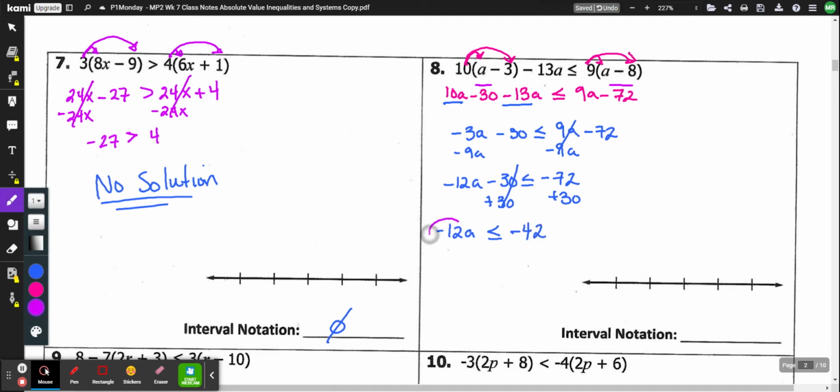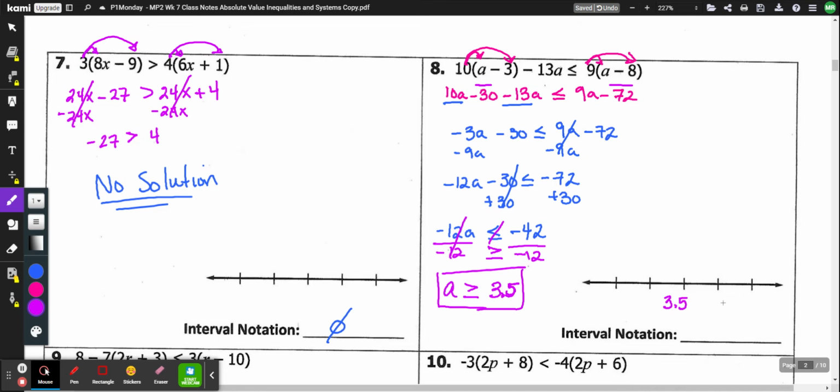I'm going to get rid of this negative 12 that's multiplied by a by dividing both sides by negative 12. Those will cancel. Remember, when we multiply or divide by a negative number, we have to switch the inequality symbol. A is greater than or equal to negative 42 divided by negative 12, which gives us 3.5. If we don't want to write fractions, we can go ahead and use decimals.